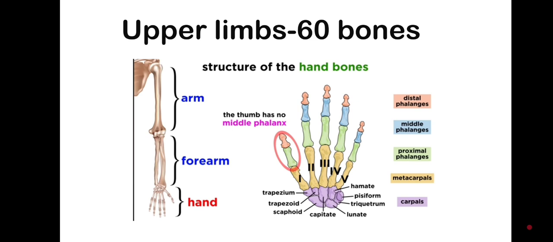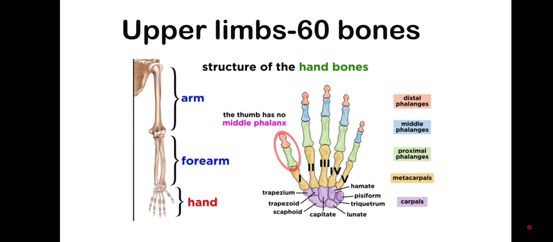Then the wrist and hand are made out of 54 bones. There are 8 carpal bones, 10 metacarpal bones, and 14 phalanges on one side of the wrist and hand. The carpal bones are the capitate, lunate, triquetrum, pisiform, hamate, scaphoid, trapezoid, and trapezium.